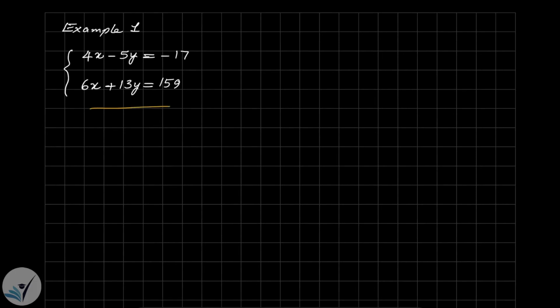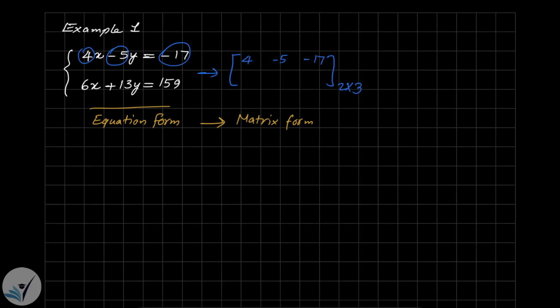This is the equation form, and we need to change it to matrix form. So the matrix would be a 2 by 3 matrix. On the first row we have 4, negative 5, and negative 17. On the second row we have 6, 13, and 159.